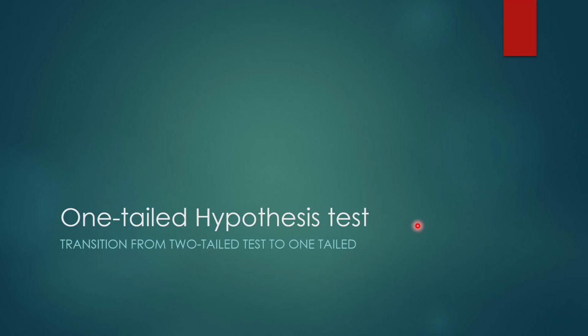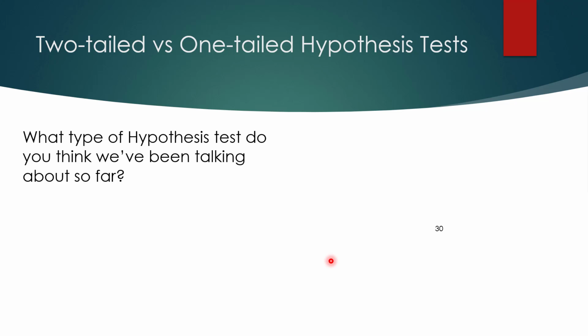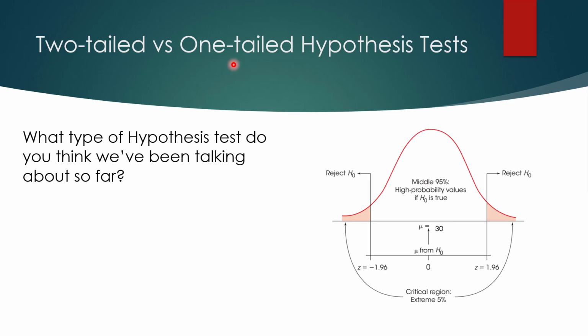So again, we're transitioning here from the two-tailed test to the one-tailed test. So, what type of hypothesis test do you think we've been talking about thus far? Up here, have we been talking about two-tailed or one-tailed? You're still not sure. Let's go ahead and look here. Remember, this is our normal distribution, and here we have one tail, and we have a second tail.